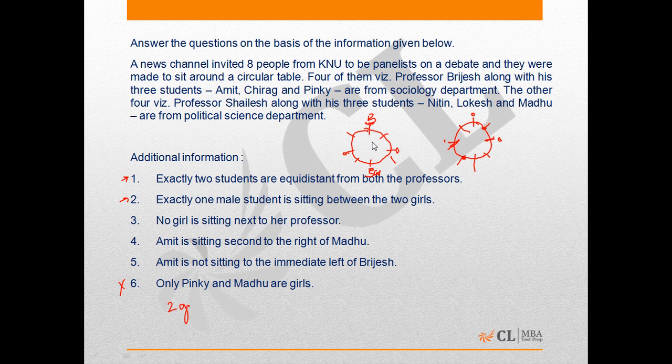So let's check what could be the possible positions for the 2 girls in the first arrangement. This or this could be the possible position, or it could be this and this, and finally this and this. There are 3 possibilities.